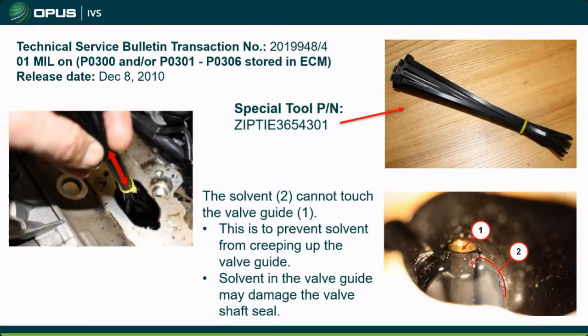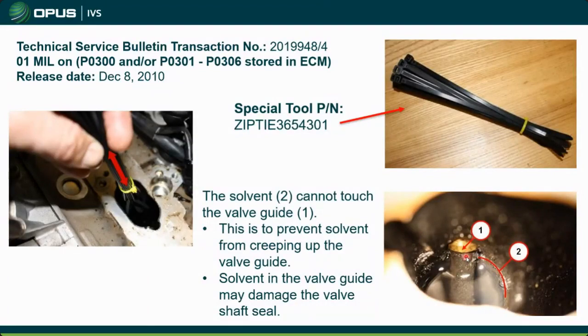If it's really bad and you're pouring some solvent in there, you don't want it to contact the bottom part of the valve guide, because obviously, between your valve guide and your valve stem, you have a gap that usually has oil in it.